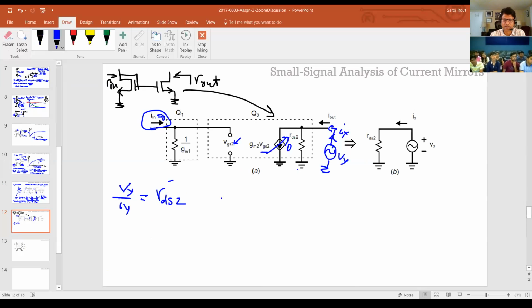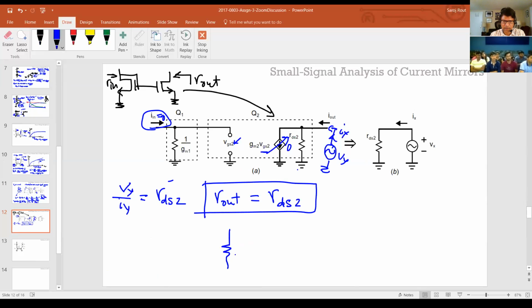So your output impedance R out is simply RDS of that second transistor, right? So your small signal model simply looks like 1 over GM on the source current side, on the IN, and on the output side, it's just the output impedance of the transistor. So that's your small signal model of the current mirror, right?